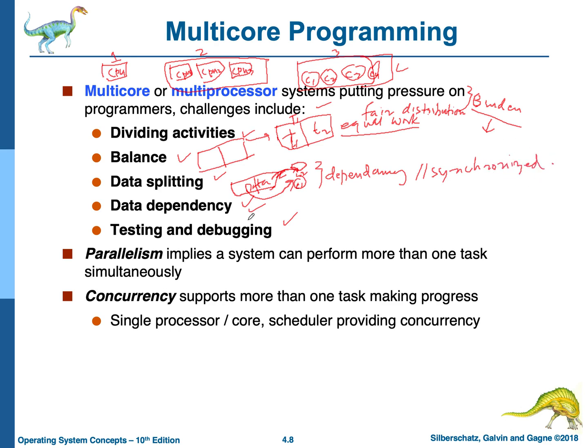Then we also have testing and debugging. Testing and debugging is more complicated in multi-thread programming, because in a single core we have a single process and a single path of execution, while in multiple thread programming we have multiple paths of execution.